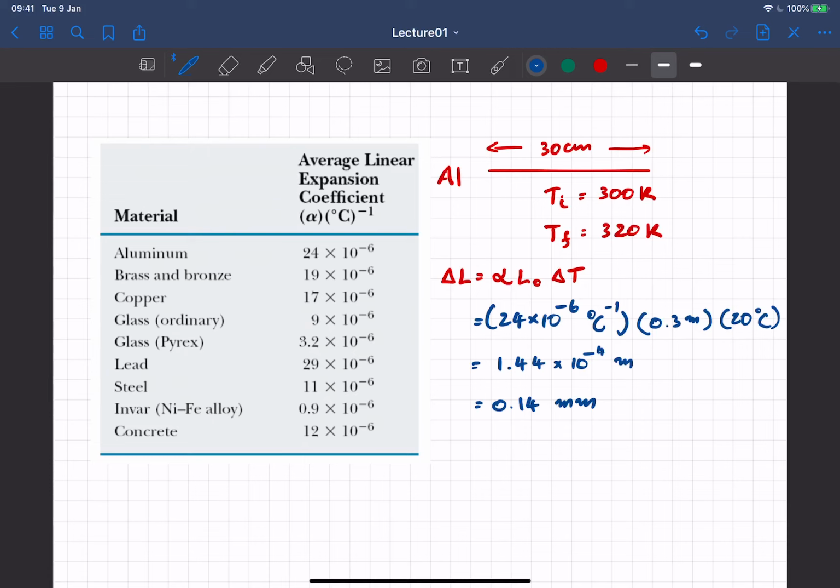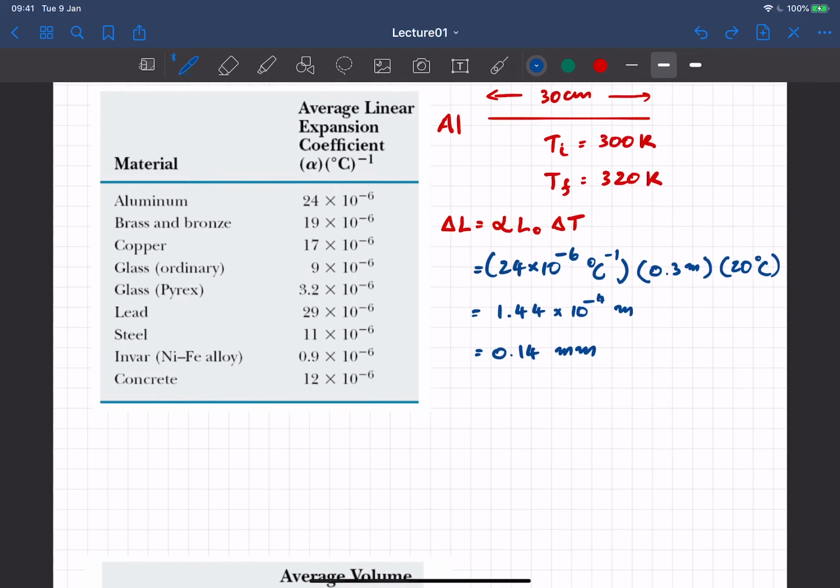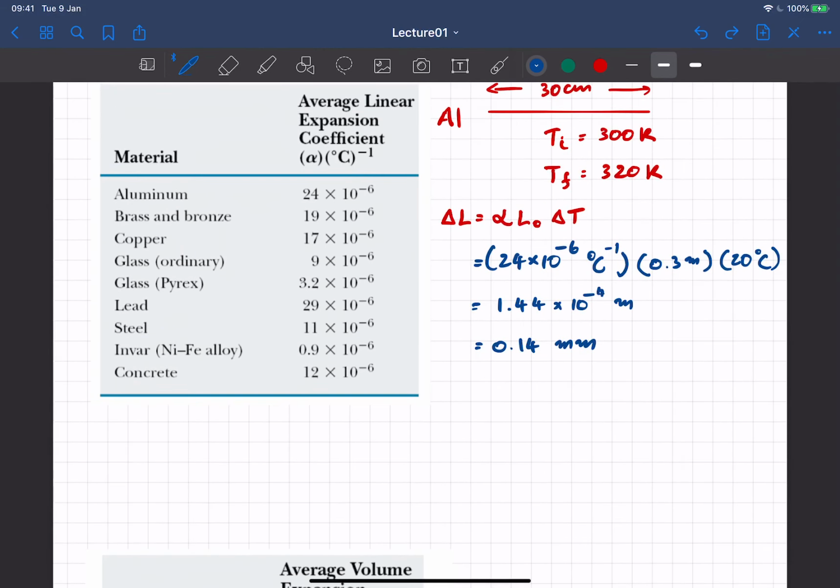But if you talk about a really large object, a really long object like a section of a highway that can be 1 kilometer long, then delta L is going to be scaled up 1,000 times, and that becomes really observable. That's going to be the important thing when people are designing a railroad or a concrete section on the highway or something like that.